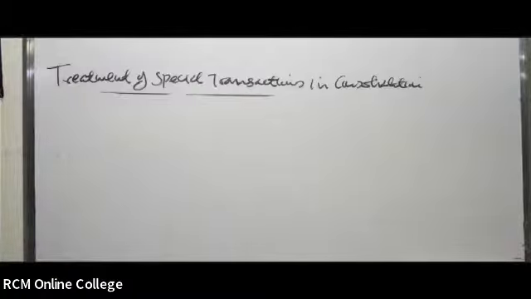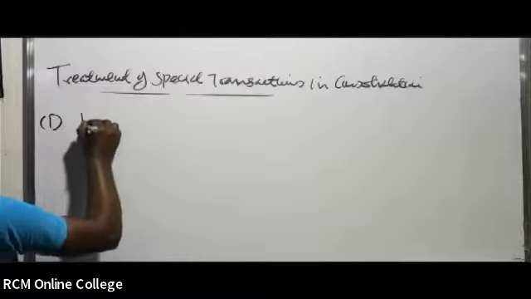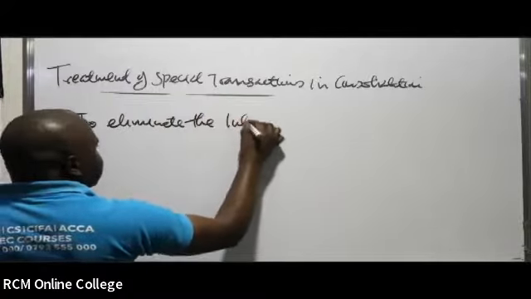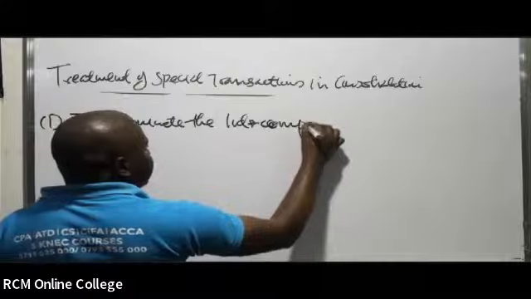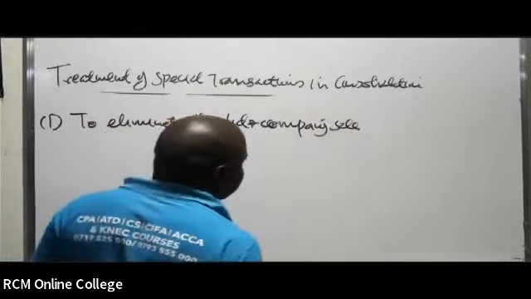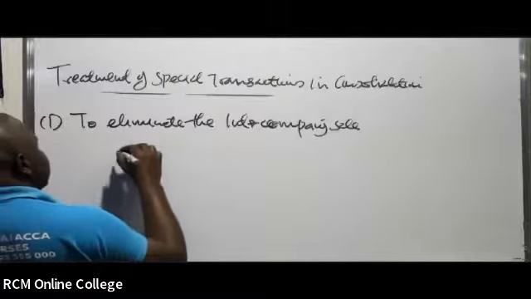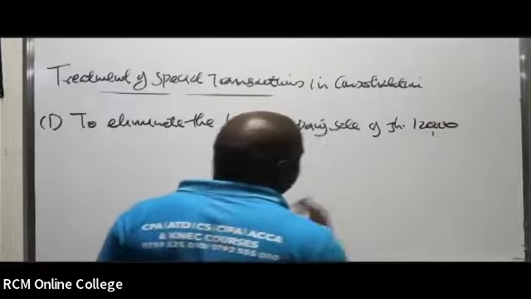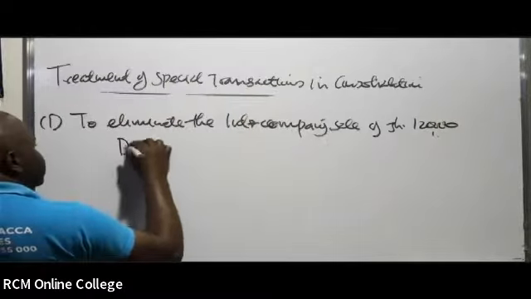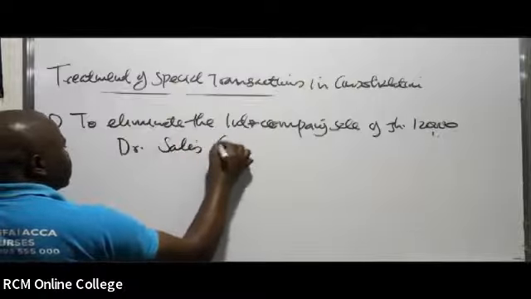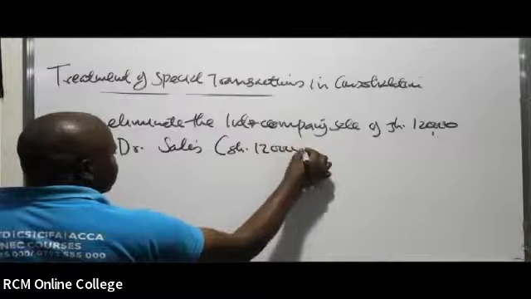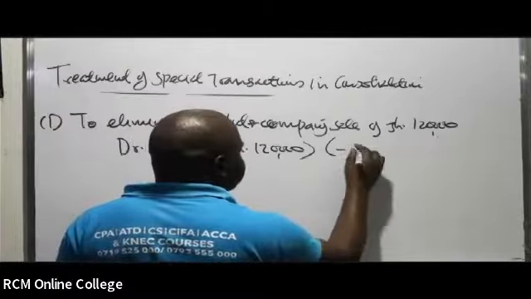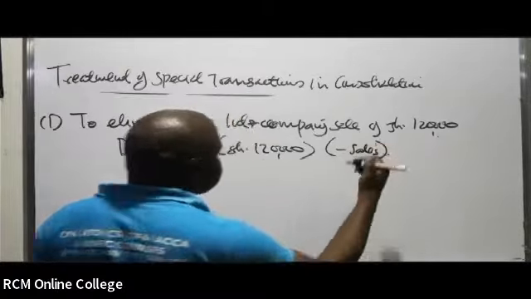Number one, to eliminate the intercompany sale of shillings 120,000, you debit the sales account with shillings 120,000. You are deducting from the sales.